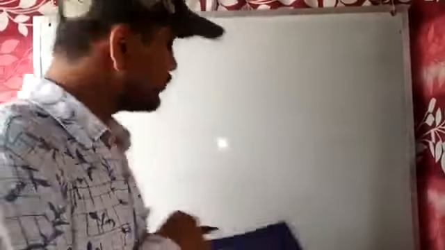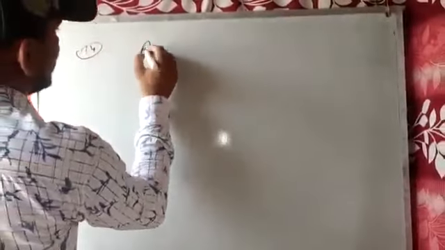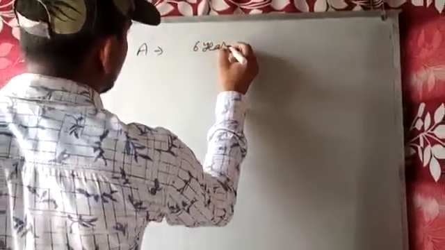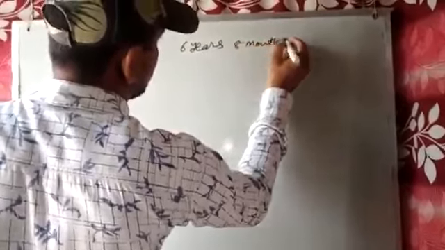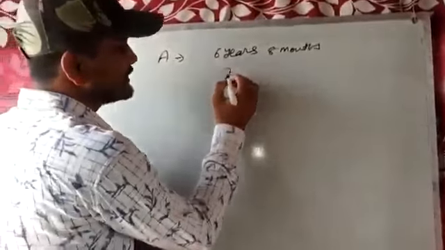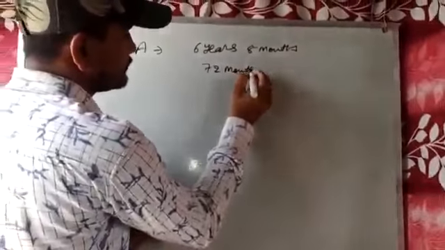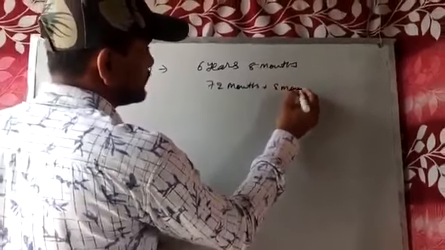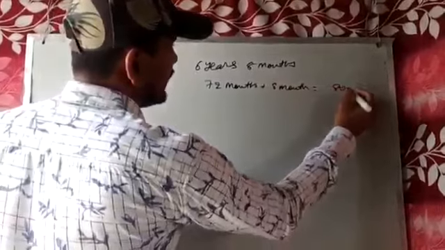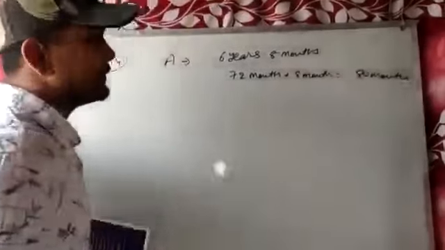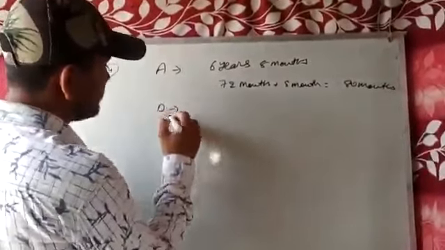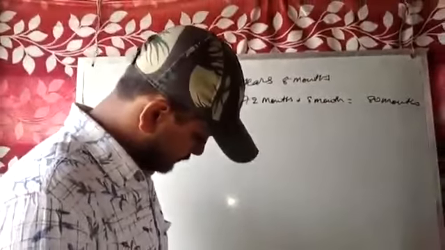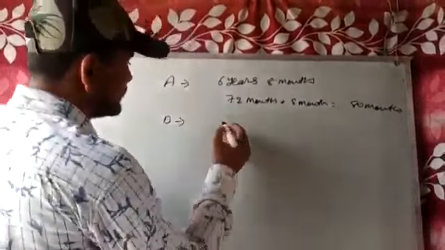Now question number 14. The ages of two boys A and B are given. A's age is 6 years and 8 months. See, what can I do? In place of 6 years, we can write 72 months, plus 8 months, that means 80 months. And B's age is 7 years, 4 months.